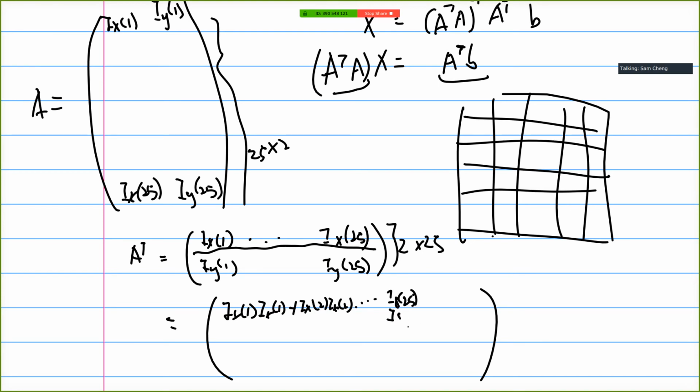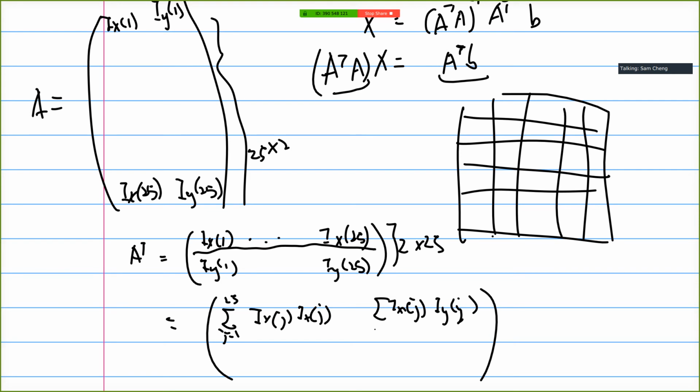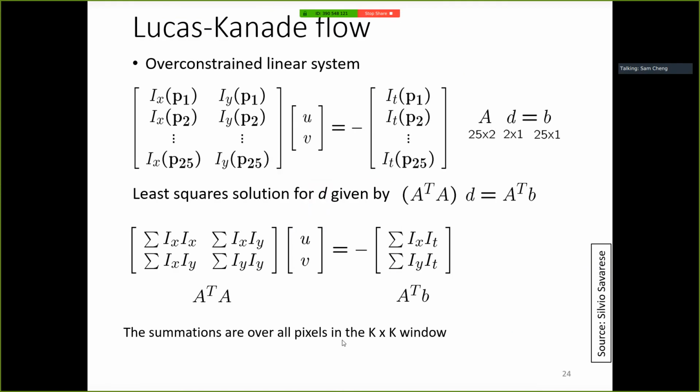So then I can just write it as a summation: the sum of Ixj squared, where j is from 1 to 25. And similarly, I have the sum of Ixj Iyj, also with j equal to 1 to 25, and so on and so forth. And the sum of Iyj squared, j equal to 1 to 25. This guy will be just the same, so it's symmetric. So therefore I have something like that, right?